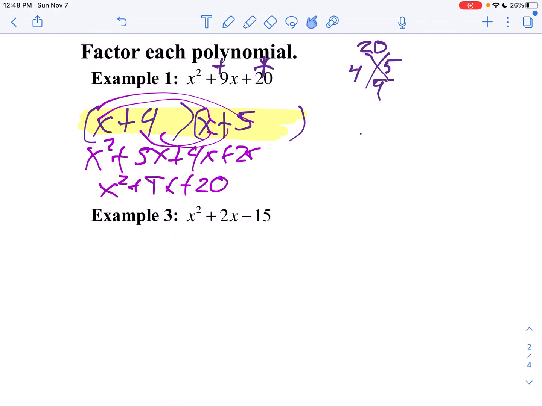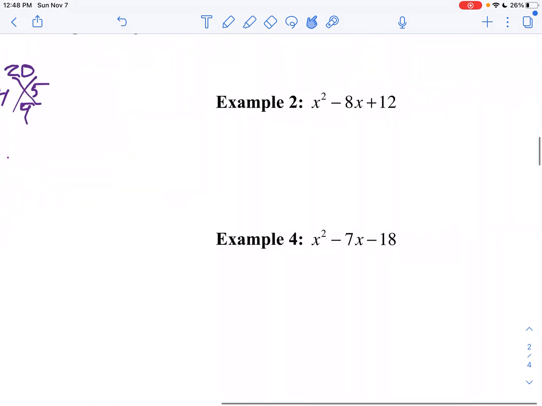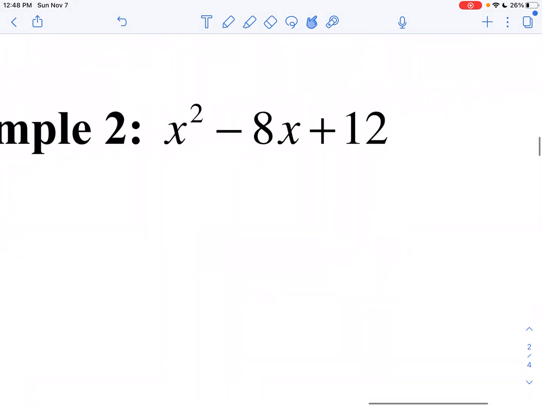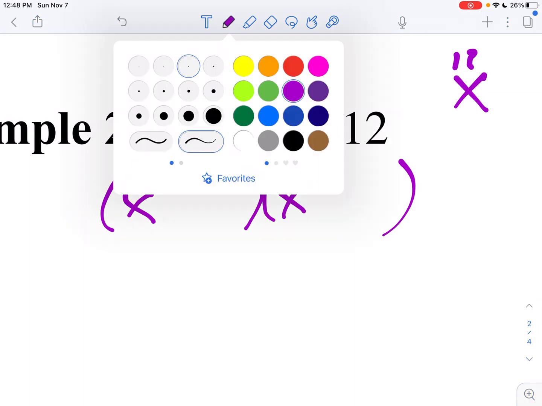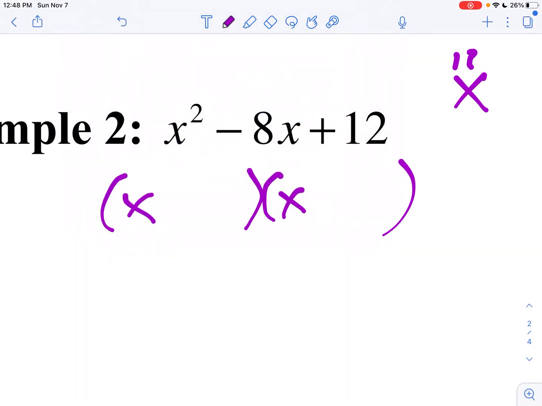So let's take a look at example 2 here. Kind of do the same thing. I'm going to go two parentheses, x and x. And then I need two numbers. In this case, they multiply to 12, but they have to add to negative 8. So I know both of them are going to be negative because it has to multiply to a positive.